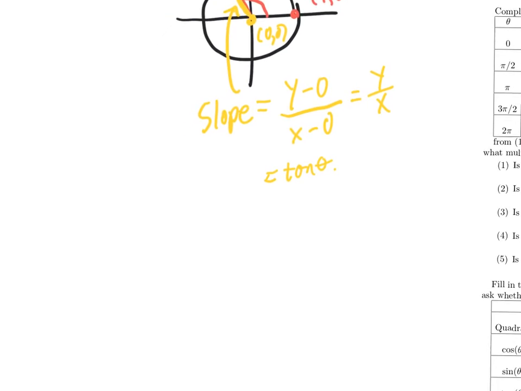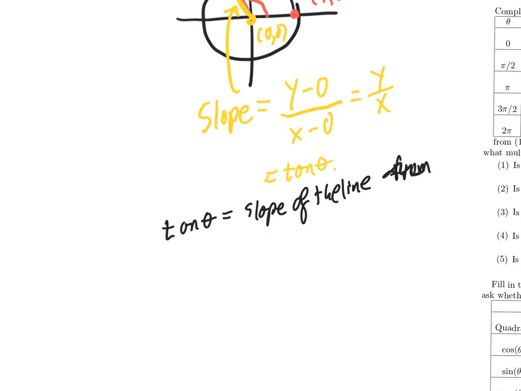So here's a takeaway. The tangent of theta is the same as the slope of the line from the origin, well, the slope of a line given its angle of displacement.